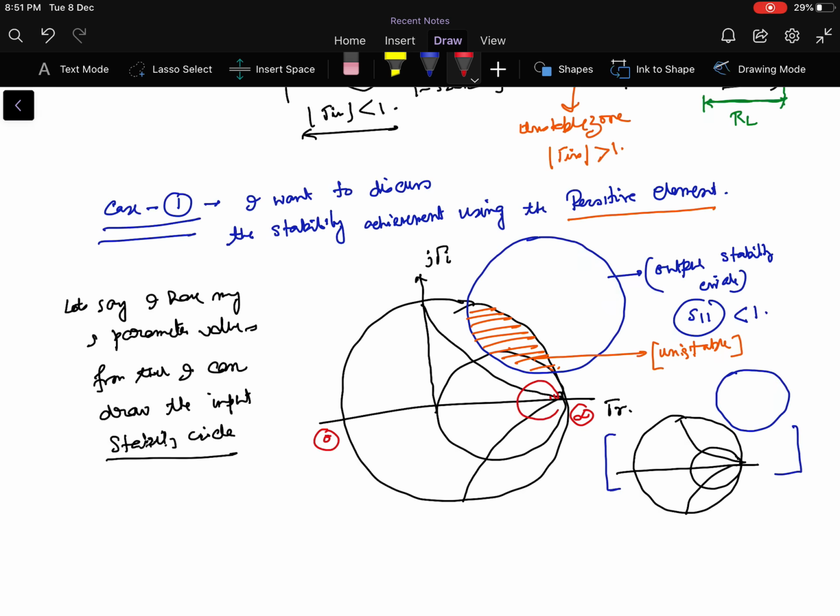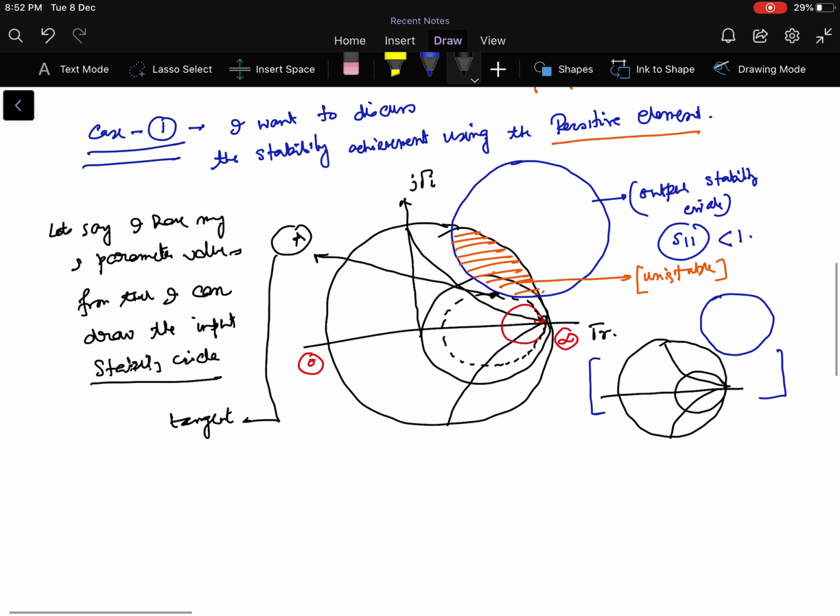So one constant resistance circle at point A will be tangent with the output stability circle.